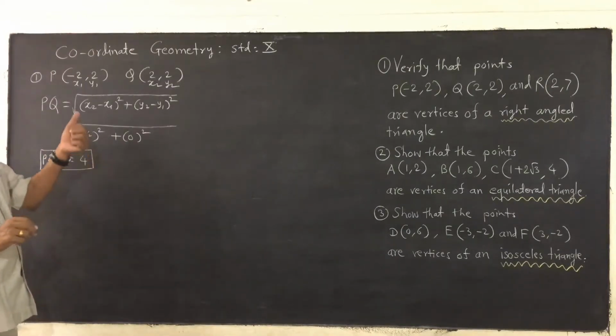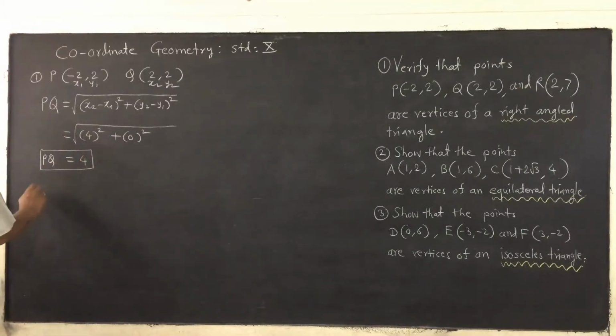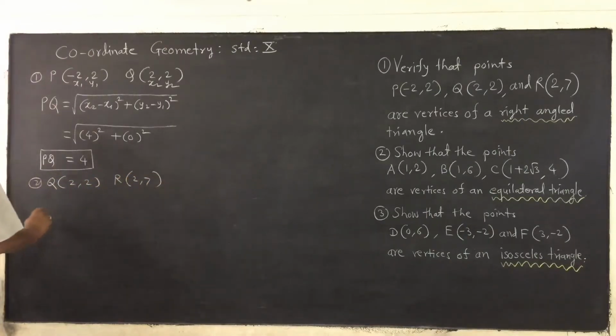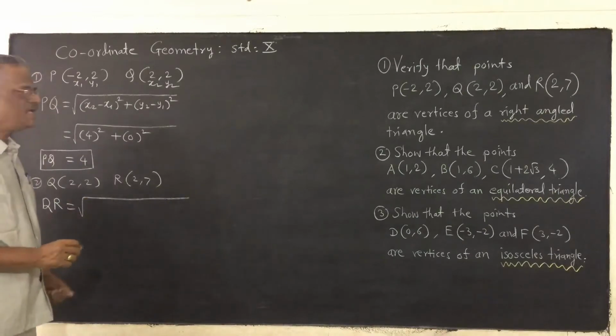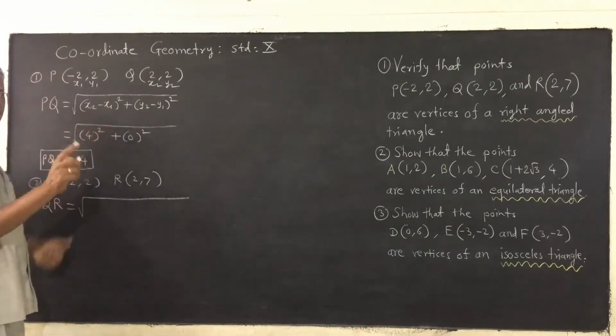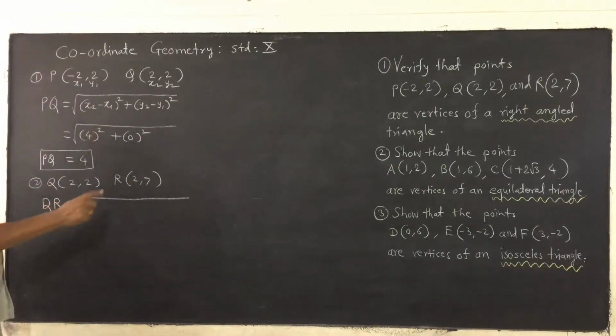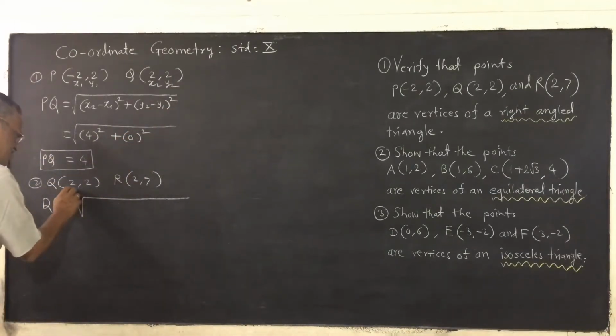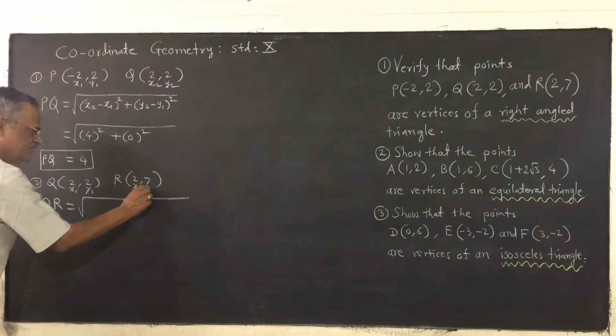First we calculated the length of the PQ segment. After that, the second segment: you take point Q, it is 2, 2. Then you write point R, it is 2, 7. Again use the same formula to calculate the QR distance: (x2 minus x1) whole square plus (y2 minus y1) whole square.